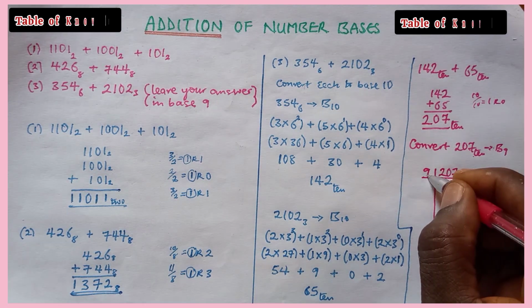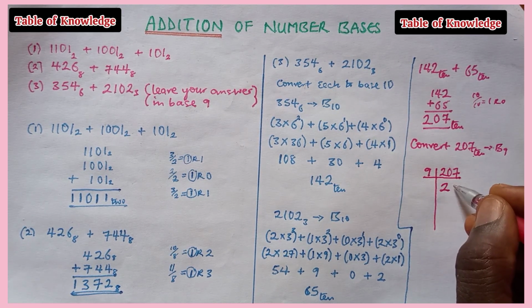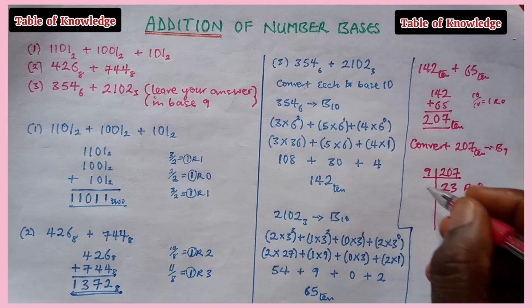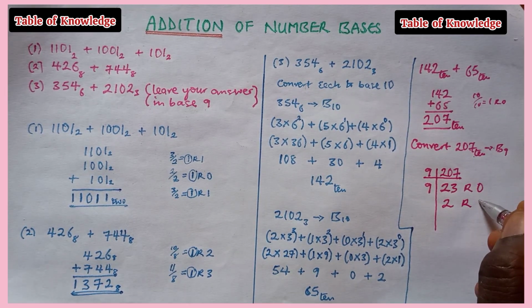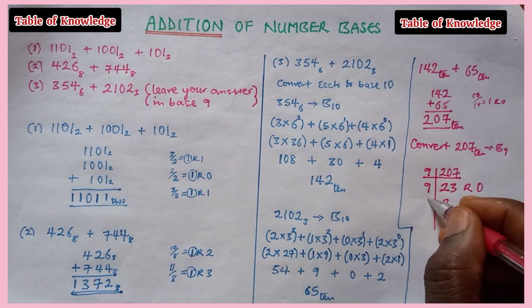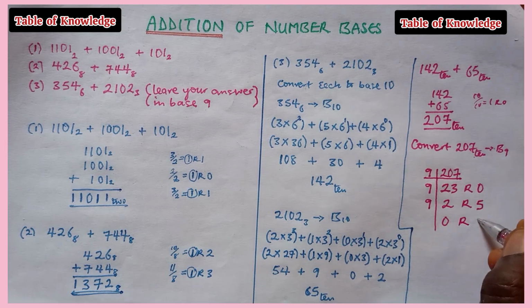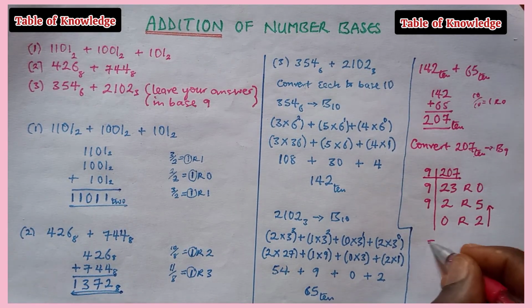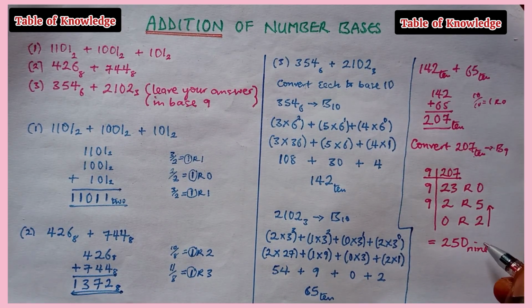So we write 9 here to divide 207. 207 divided by 9 is 23, remainder 0. 9 into 23 is 2, remainder 5. 9 into 2, 2 is less than 9, so we write 0 and transfer the 2 to this side. So we take our answer from down up, and it gives us 250 base 9.